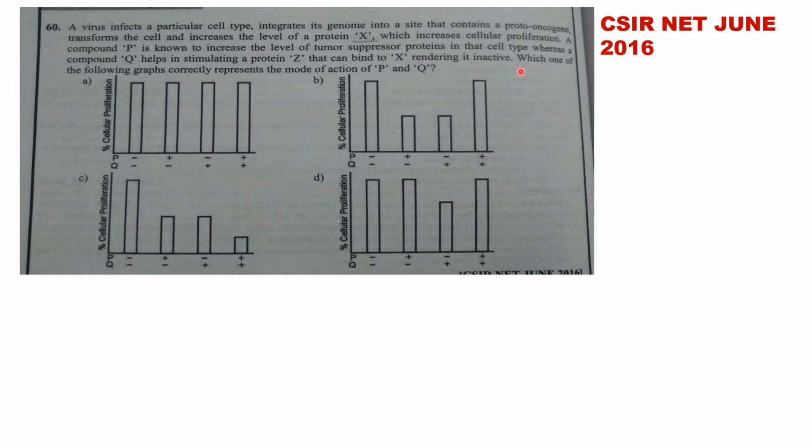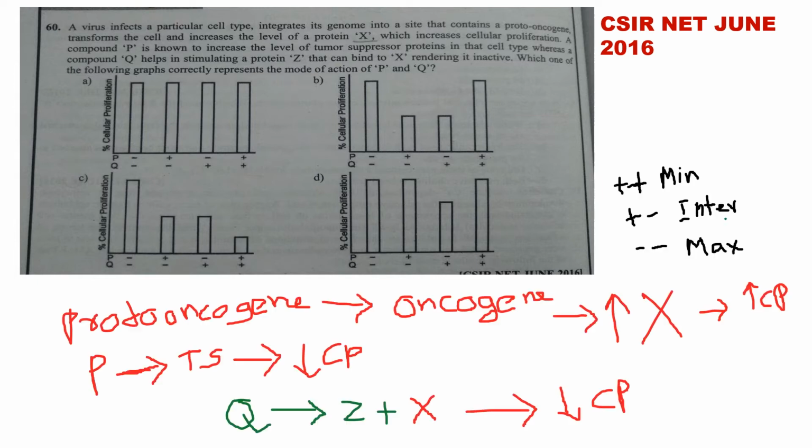So which one of the following graphs correctly represent the mode of action of P and Q? So now we know that proto-oncogenes are normal gene.